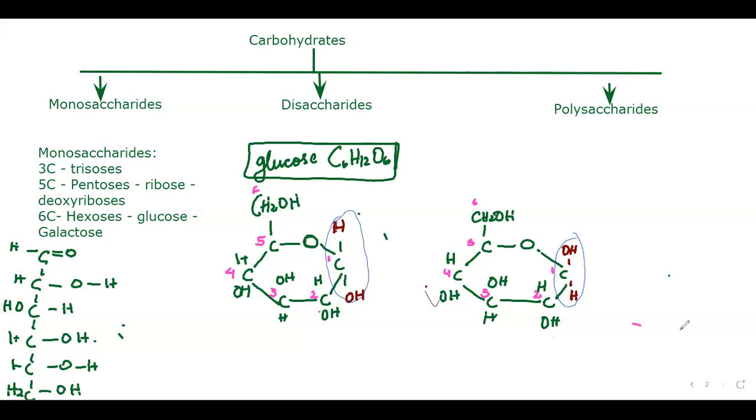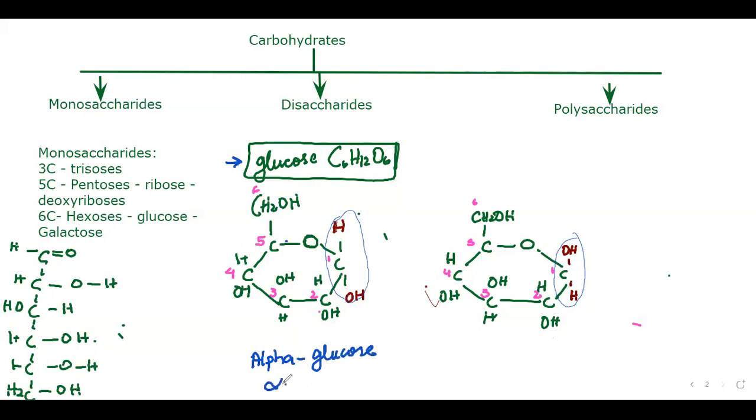What are isomers? You might have studied them in chemistry. Isomers are molecules that have the same molecular formula but different structural formula. And the way we name them is this: the one with the H above and the hydroxide below is known as alpha.